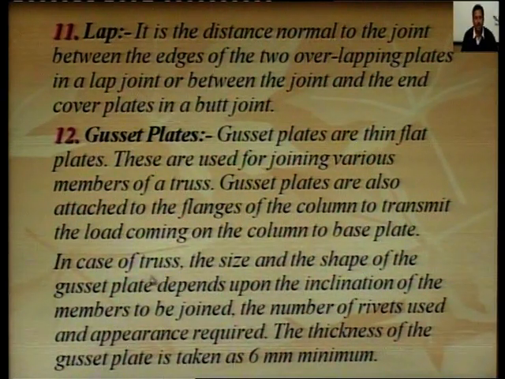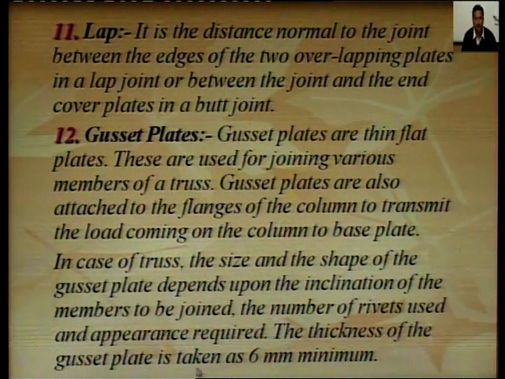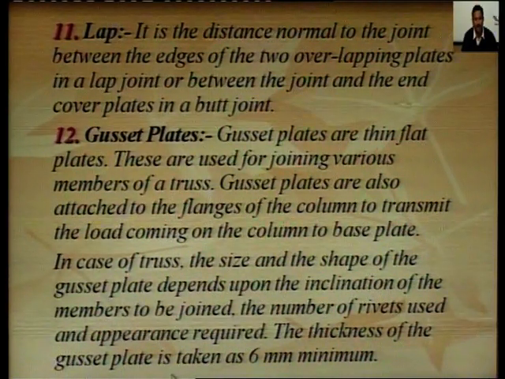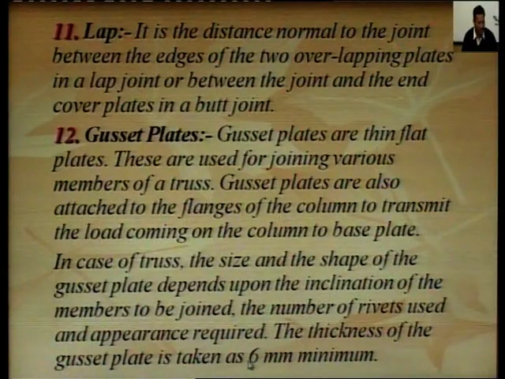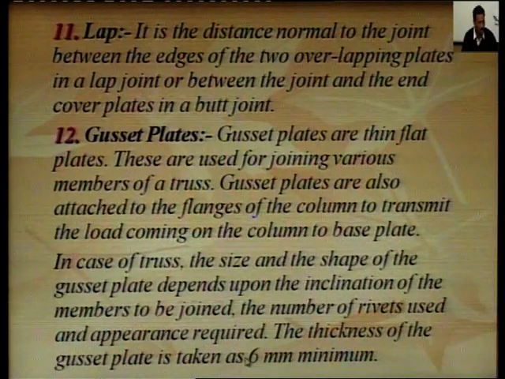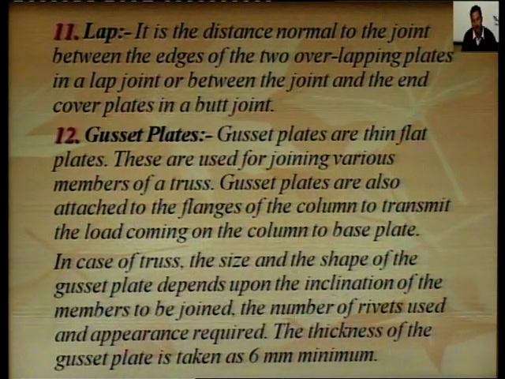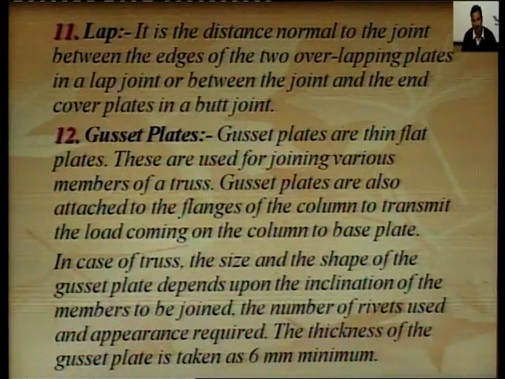In case of a truss, the size and the shape of the gusset plate depend upon the inclination of members to be joined, the number of rivets used and appearance required. The thickness of a gusset plate is taken as 6 mm minimum. So, a gusset plate is very thin and it is used to transmit the load. The shape and size of the gusset plate depend upon the requirements.